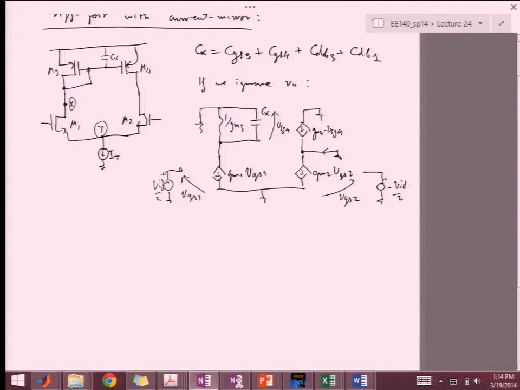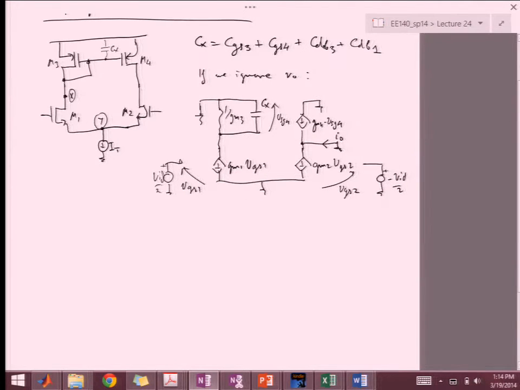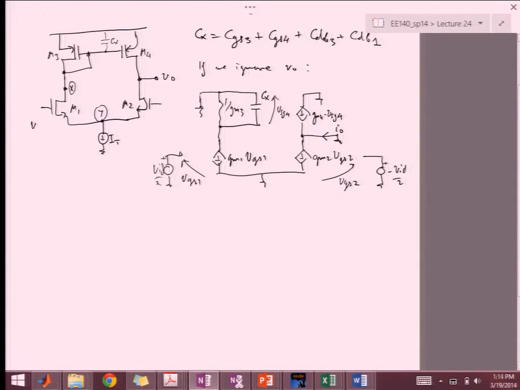So for that, I have my IO here, and I'm shorting the output. Obviously, this is the output over here. So again, we have I down and I up.